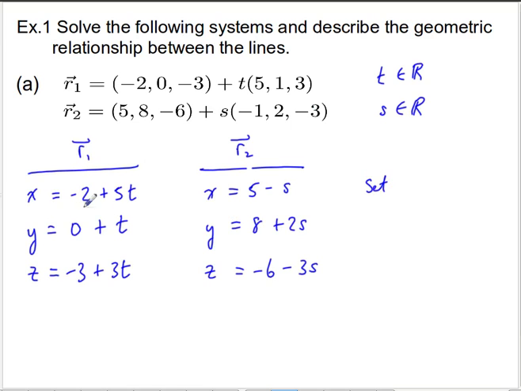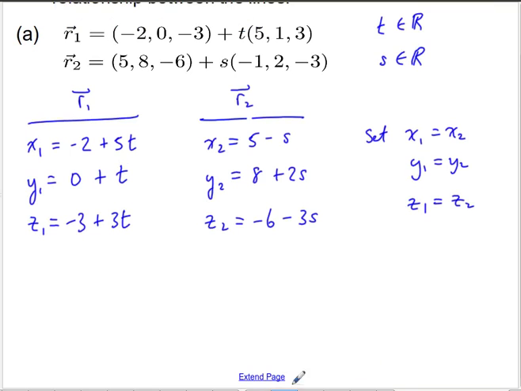And so that was why I didn't write this as x1, well, I could have. I could have done that. And then, in order to solve, what I need to do is I need to set x1 to x2. And I need to set y1 to y2. And I need to set z1 to z2. And this is why it didn't really matter that I wrote that, because I actually end up with these equations.